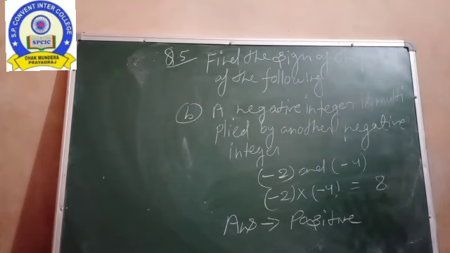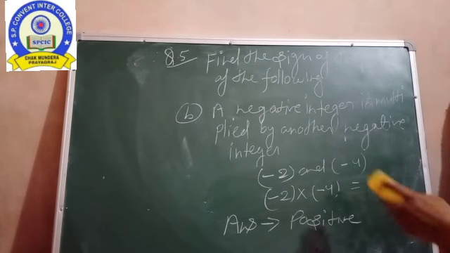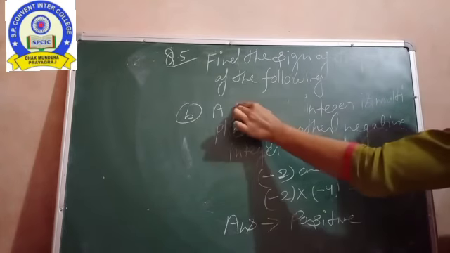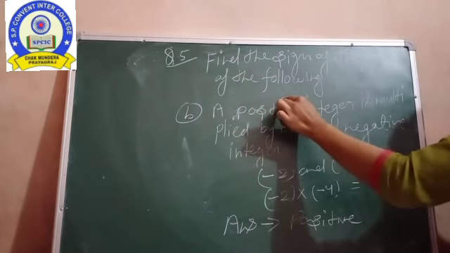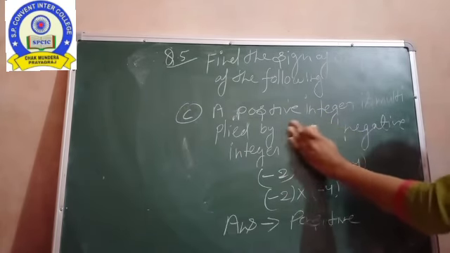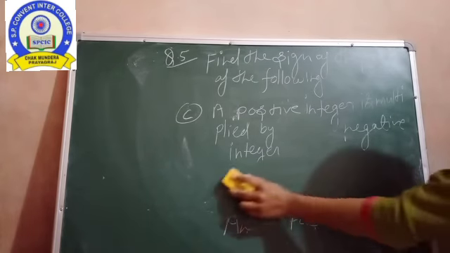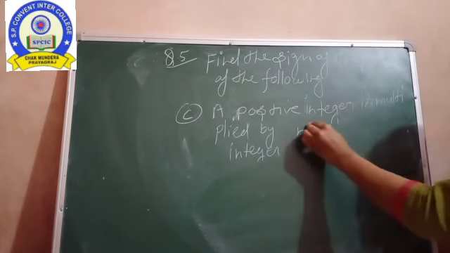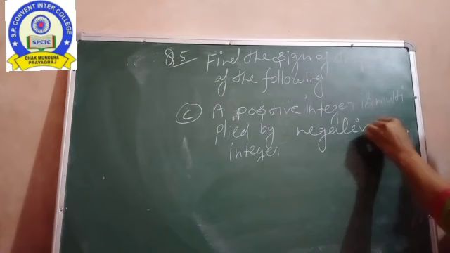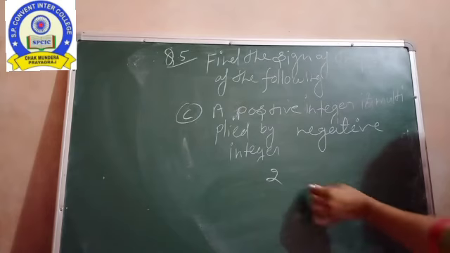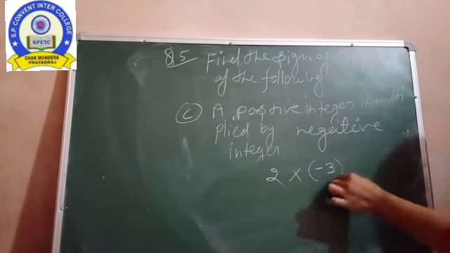Now the next part, a positive integer is multiplied by a negative integer. Then what will we get? Let us suppose that 2 is positive and 3 is negative.